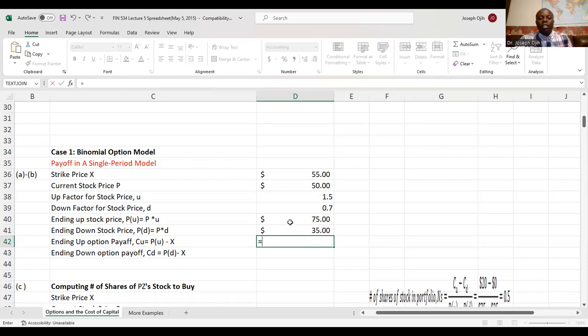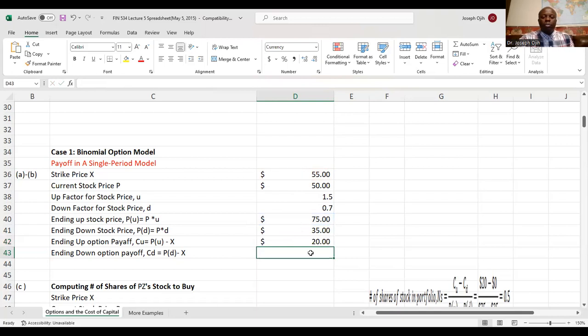And PU, that is the ending up stock price, is $75. Minus the strike price, $55. That gives $20. For the ending down option payoff, we use PD, which is the ending down stock price of $35.